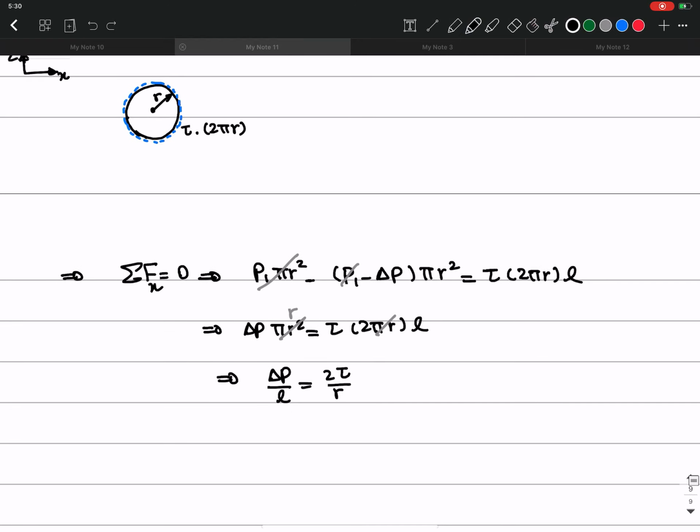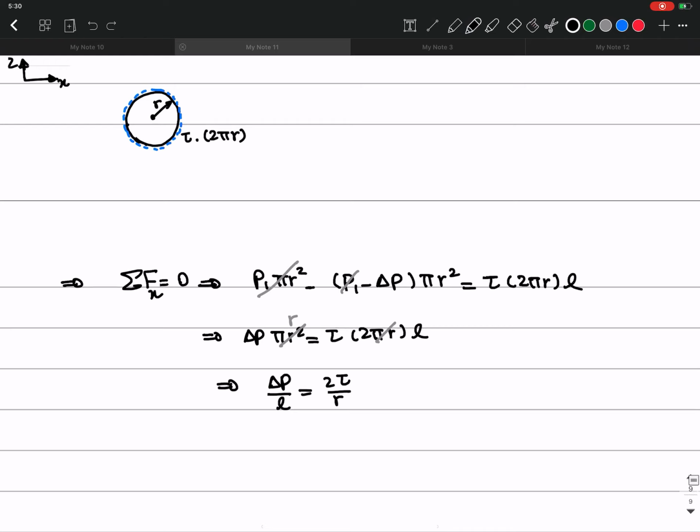So for a Newtonian fluid, we have tau equals minus mu du over dr for laminar Newtonian fluid, and we know this from the first chapter.